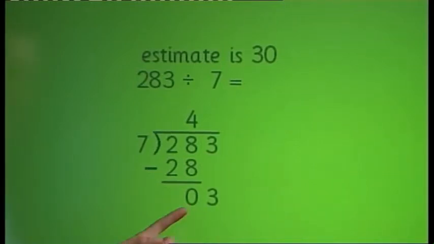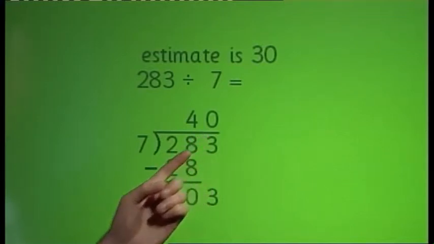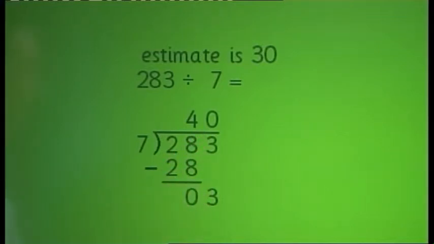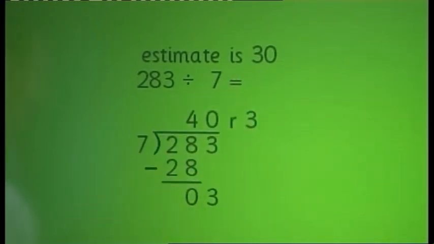Now, there's only 3 left. That's less than 7, and there are no 7s in 3, so we put a 0 here in the units column, and the 3 units must be our remainder. 40 remainder 3. Now, is that the right answer? Well, we estimated 30, but not very close, so that's okay.